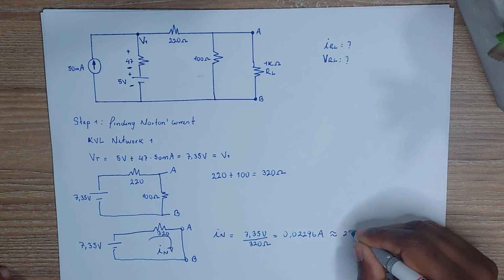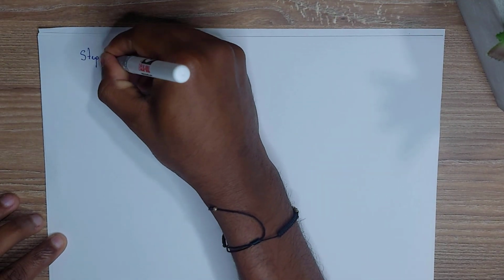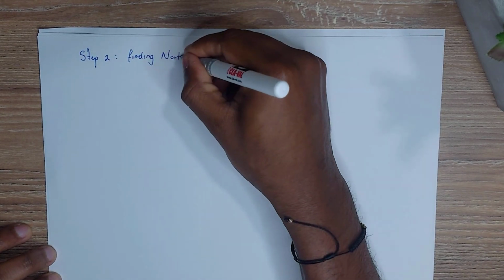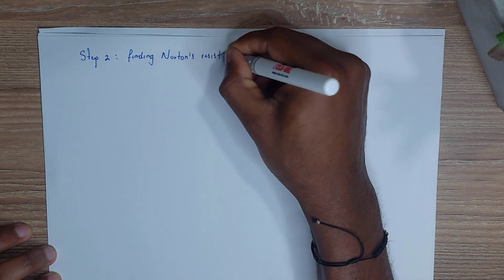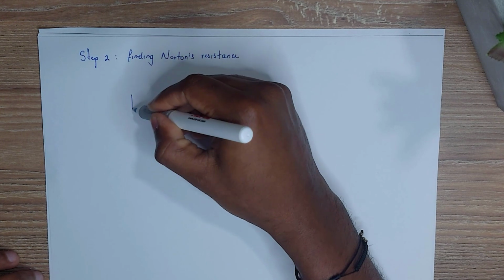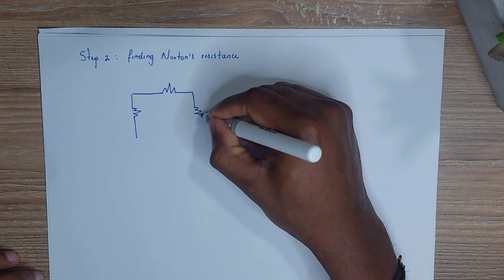Now step 2 is to find Norton's resistance. To do that, we need to short circuit the voltage sources, and we need to leave an open circuit for the current sources. And this is basically how it looks if we do that. So we have a resistor arrangement here, and we need to know the equivalent resistance for the whole circuit.